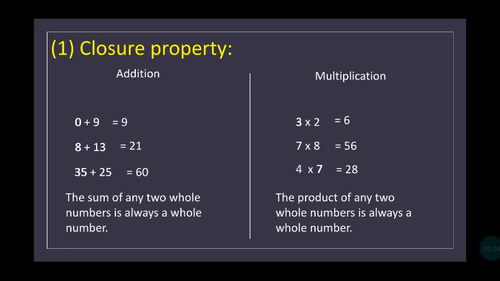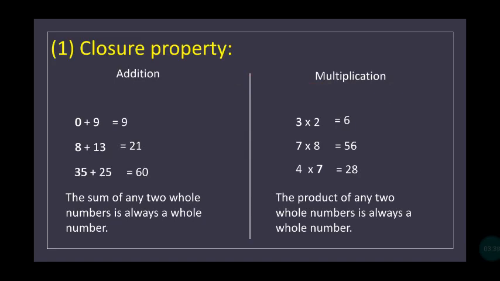That means the product of any two whole numbers. Now product means multiplication. The product of any two whole numbers is always a whole number. So this is the closure property for multiplication.